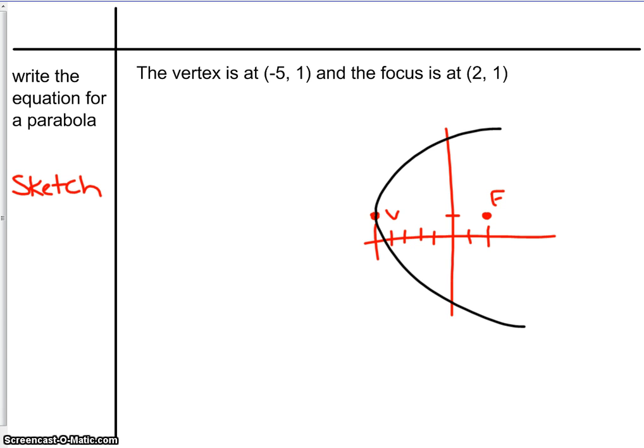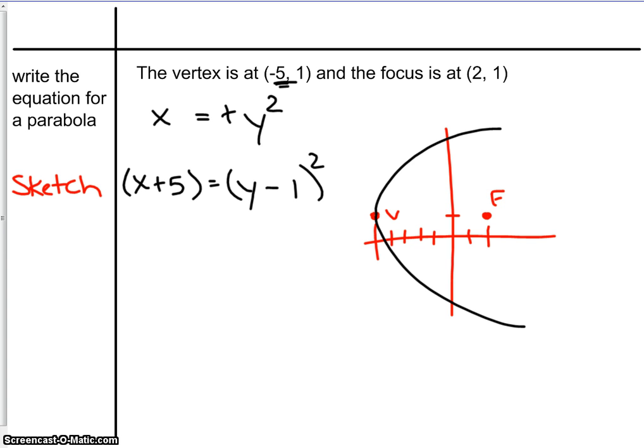So my y is the piece that's squared, and my 4p part is going to be positive. So I can go like this: x equals, and then my y squared. My vertex, the x piece is -5, so it becomes +5. My y piece is 1, so it becomes -1.